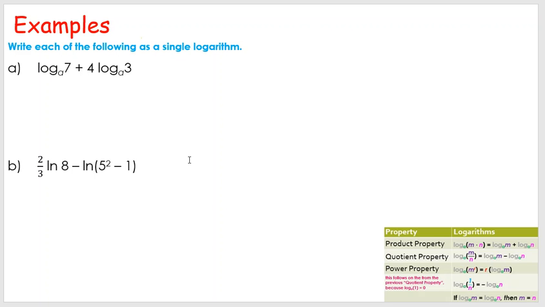So on this one, it looks like, first off, they're being added together. And the next thing that we notice is that we have this 4 right here, which we know is a power function.